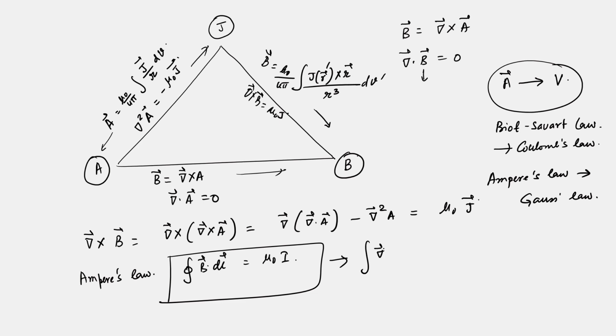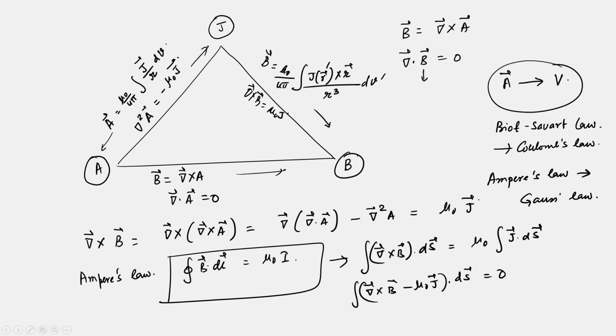This is curl of B dot dS, which is equal to mu 0 J dot dS. Because this dS is arbitrary, one can take it inside, and so curl of B minus mu 0 J dotted with some arbitrary dS is equal to 0, which cannot be satisfied unless you have this bracket equal to 0. So, the curl of B is equal to mu 0 J, and that is what we have written.